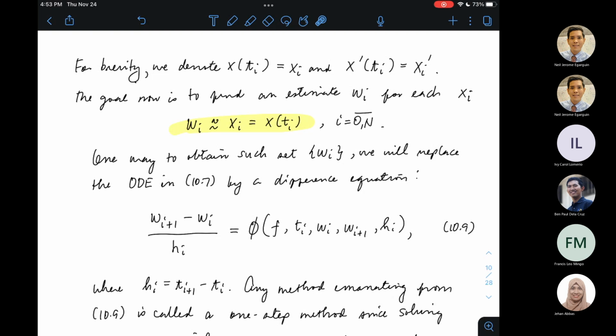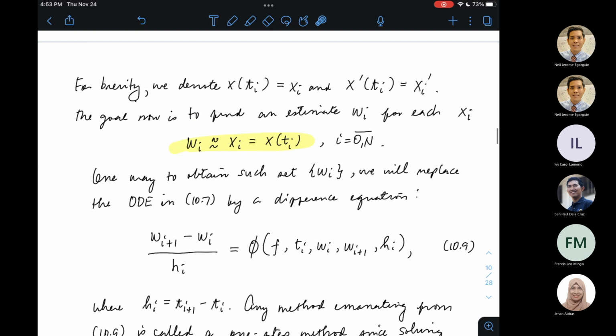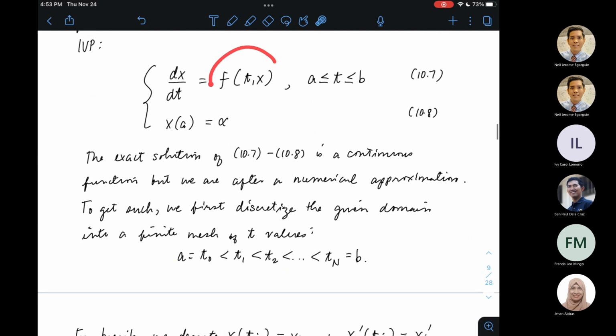And that will cause a shift on the right-hand side. The original right-hand side is f of t, x, but that represents the actual derivative. Now, once you discretize, so to speak, the derivative, mababago yung right-hand side. Hindi na lang siya basta f, right? Because you'll need to follow some rules with respect to taking the expansion of x or the representation of x as a finite difference.